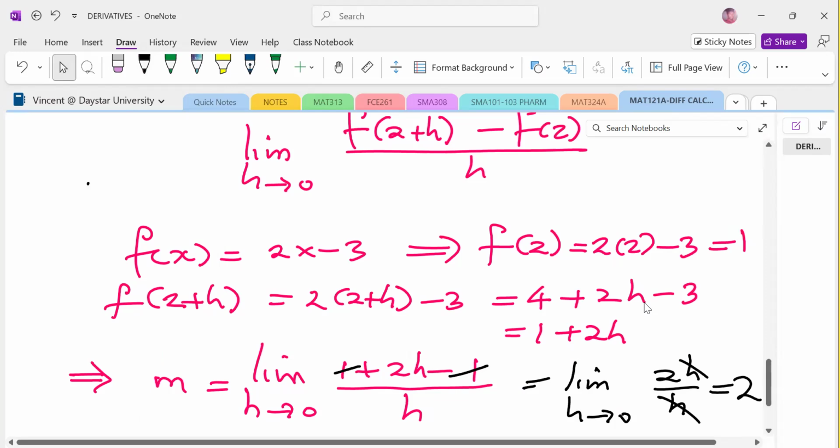Then let's give another example on this.